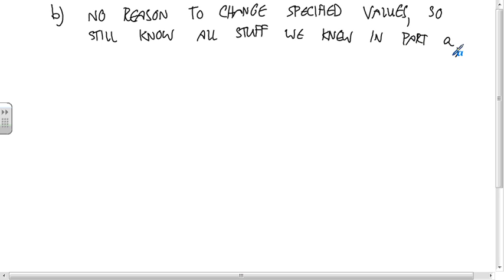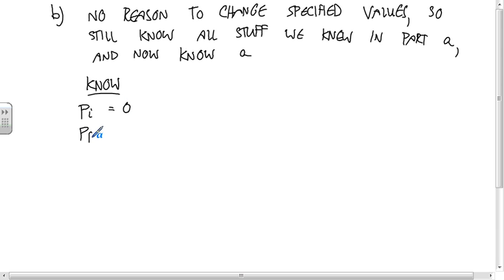And now we also know the acceleration. We learned one more thing. Okay, so if we list everything out, the list of variables we know: PI is equal to 0, PF is equal to positive 3 meters, VI is equal to 0, VF is equal to 12 meters per second.